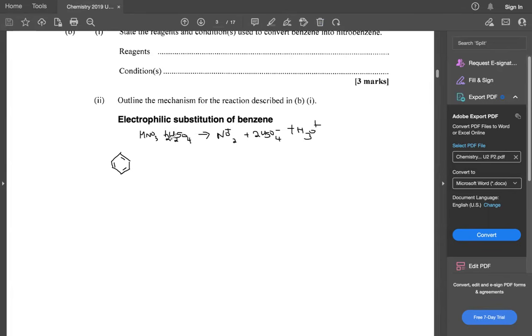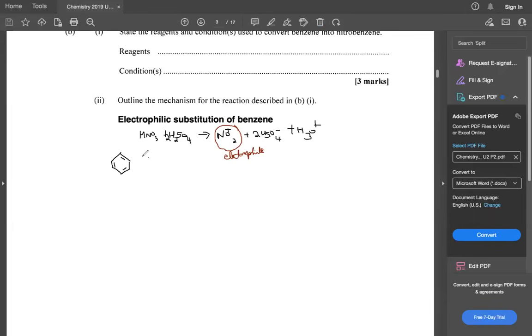And it should be a 2 here to balance it. And so what you see right away is that the key thing that we got from mixing our nitrating mixture was this electrophile. So this is our electrophile, and this is what's going to do all the magic, all the substitution, right? So we have our electrophile as a result of this nitrating mixture. All right, so let's go back to benzene now. So we have benzene here, and we have our electrophile NO2+.